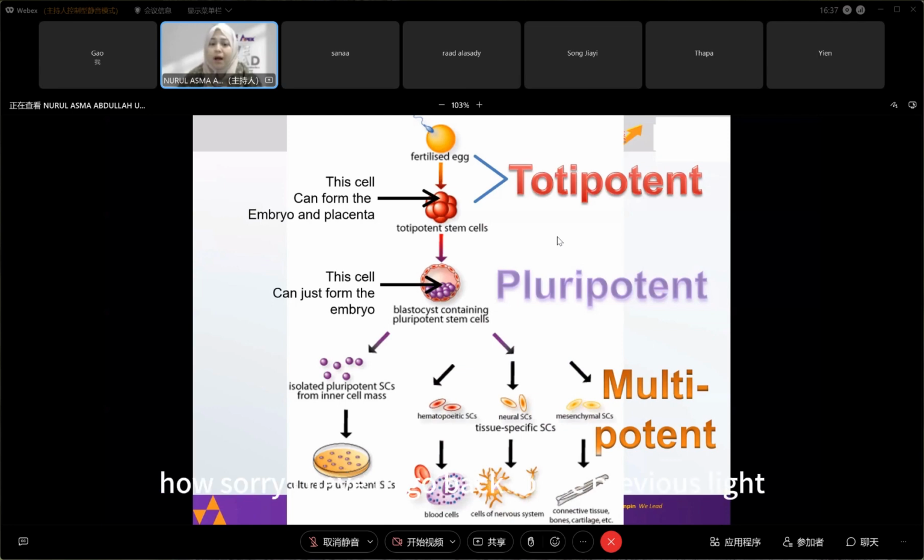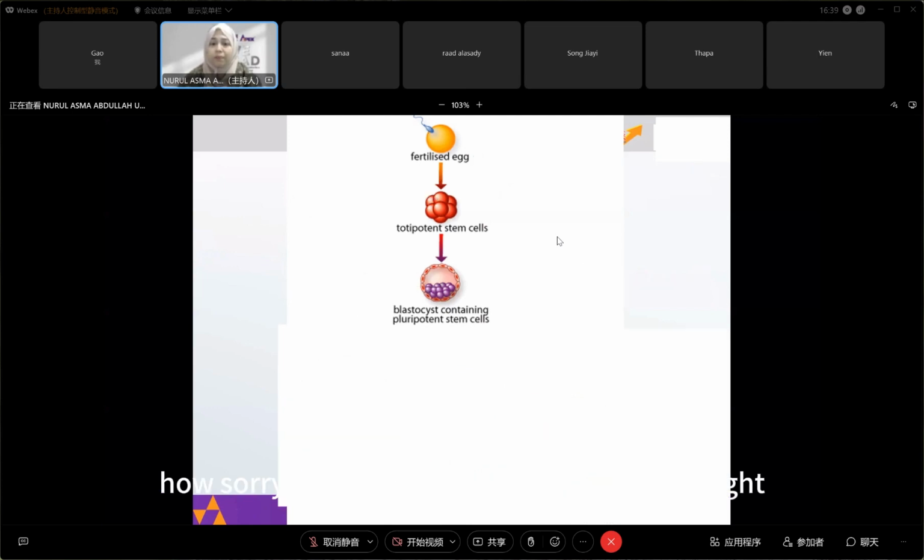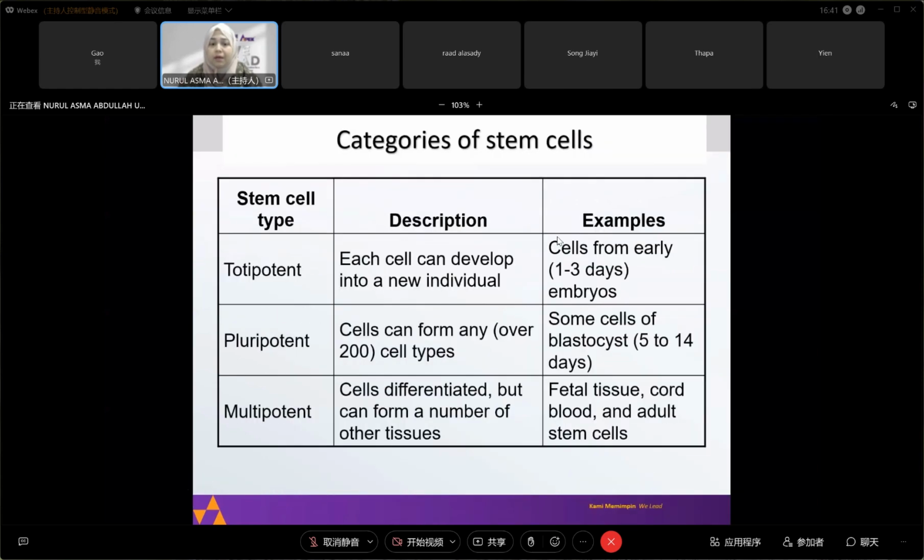Sorry, I have to go back to the previous slide. Different categories of stem cells are described by their capacity to differentiate. As I mentioned, totipotent cells can develop into one new human being, one new individual.